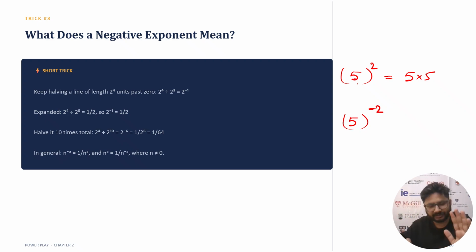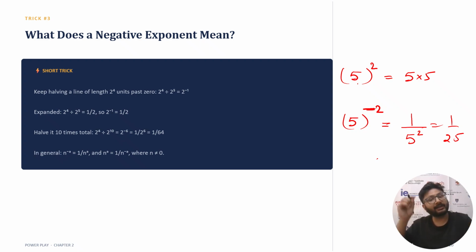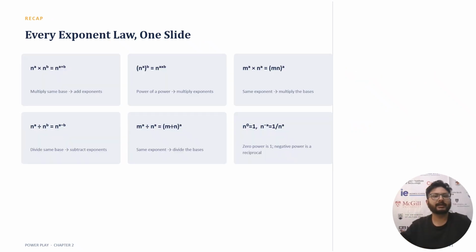Negative just shows that you have to do the reciprocal of the number to convert it into a positive power. So this is basically 1 upon 5 to the power 2, which is 1 upon 25. Negative denotes that you have to do the reciprocal of the number, nothing else. Negative in the power doesn't change the sign of the number. Okay, perfect.